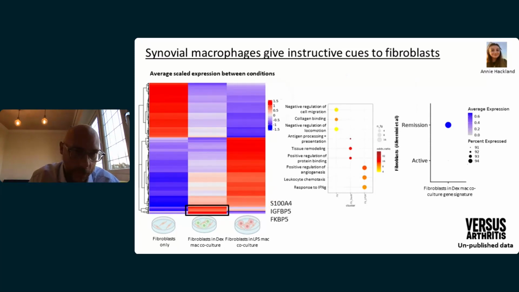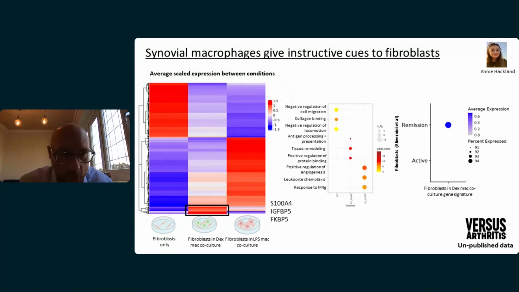And so, nearing the end now, I mentioned before that synovial macrophages give key instructive cues, and we've done some modeling of this in vitro, taking monocyte-derived macrophages and stimulating them with either dexamethasone, which induces a regulatory phenotype, as opposed to LPS, which drives a pro-inflammatory program.